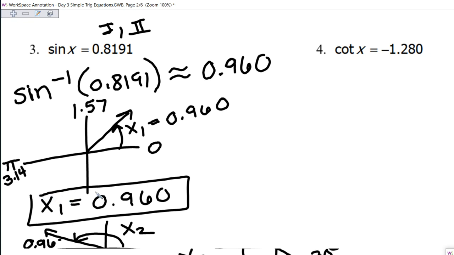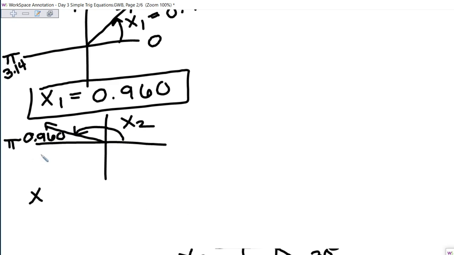And I know that this entire 2 quadrants, quadrant 1 and quadrant 2, is 180 degrees, which is equal to pi. So to solve for x2 is just going to be pi minus the reference angle, 0.960.